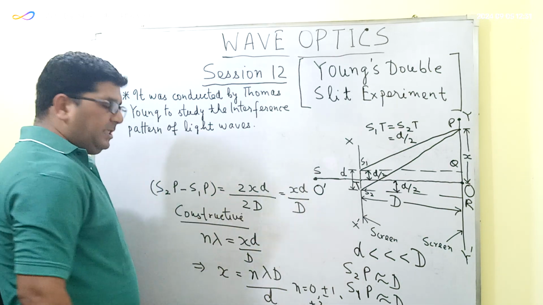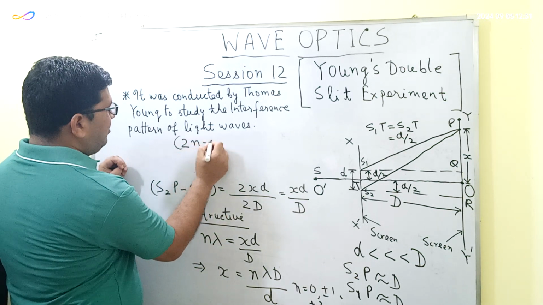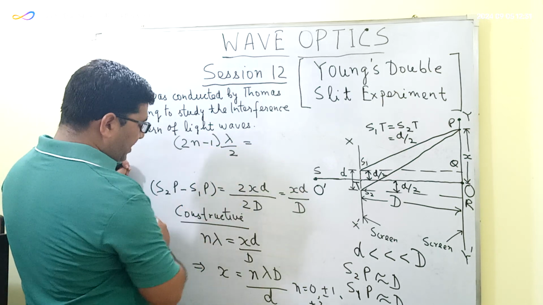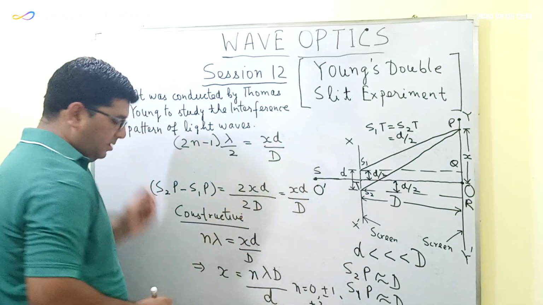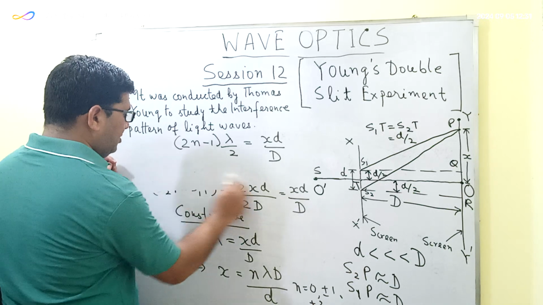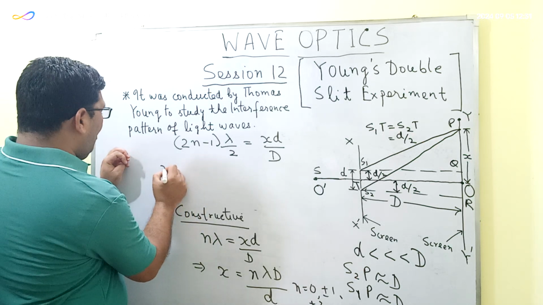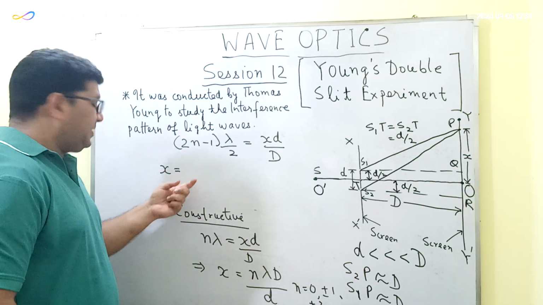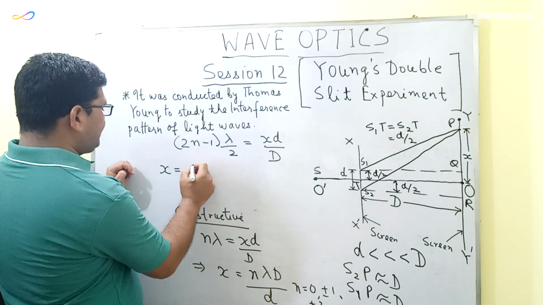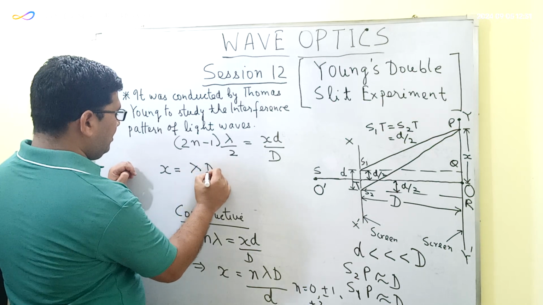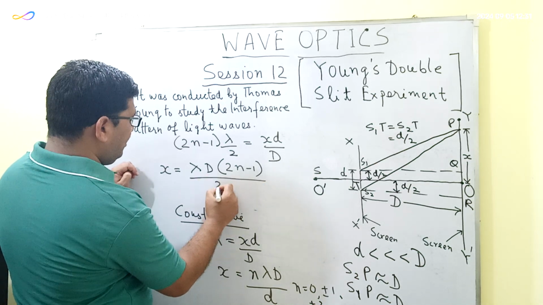For getting the dark fringe, the path difference between the two light waves will be equal to (2n minus 1) lambda upon 2, and this will be equal to xd upon D. From this equation, the distance of the nth dark fringe from the center of the screen will be equal to lambda D (2n minus 1) divided by 2d.